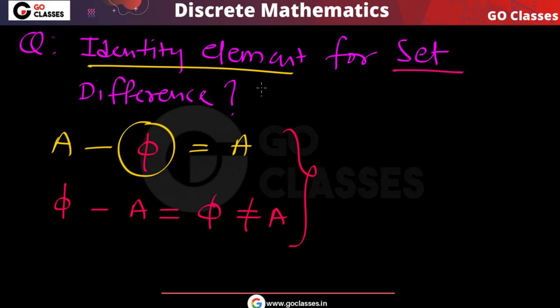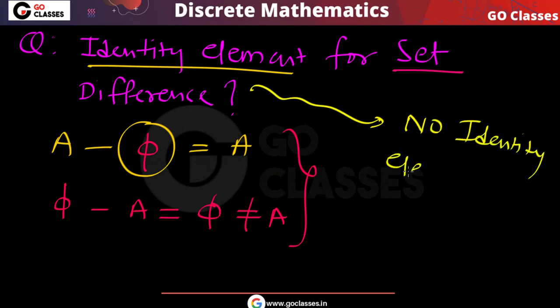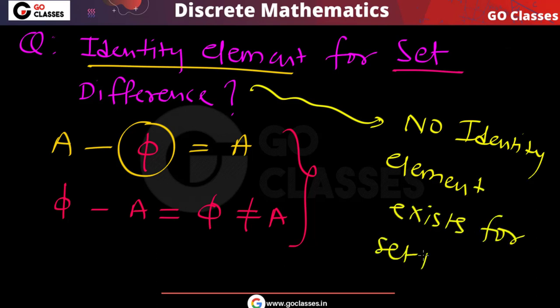So no identity element exists for set difference.